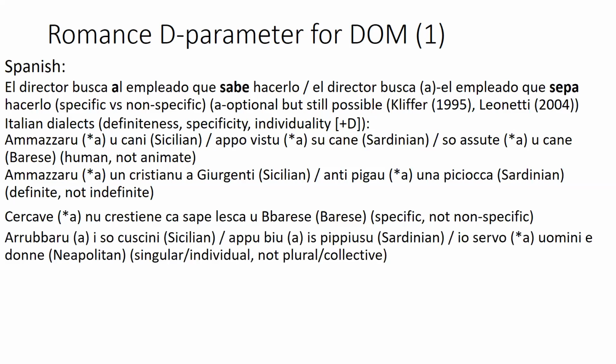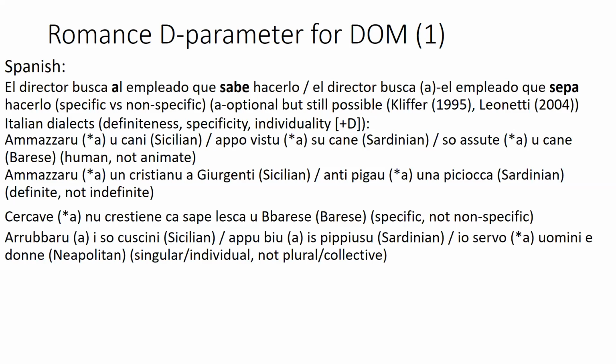And also, interestingly, plurality plays a role. If the object is plural, a here is optional or sometimes dropped. So, for example, arubaru a iso kushini, or arubaru iso kushini. Apubiu a is pipiusu, or apubiu is pipiusu.